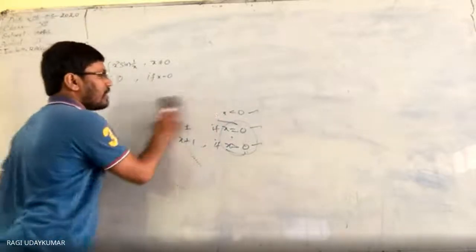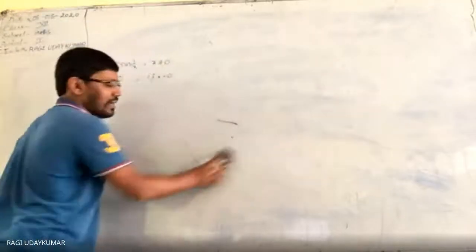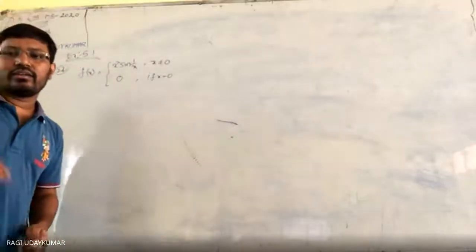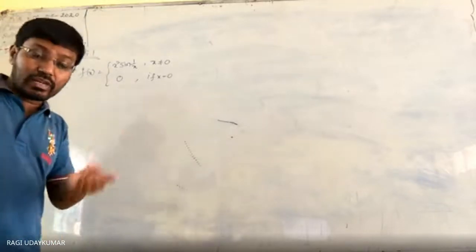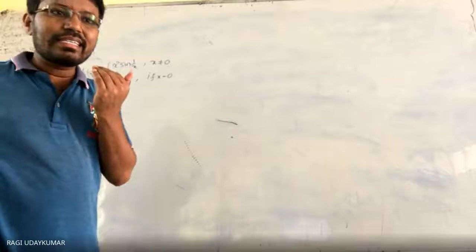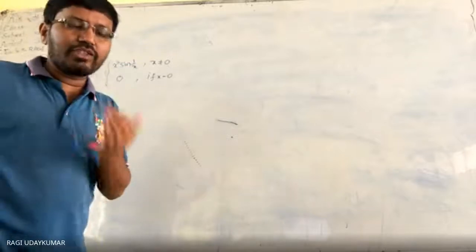So, whenever you consider this, one case you need to take is not equal to 0. Another case you need to take is equal to 0. So if it is equal to 0, what is the function you are going to get?